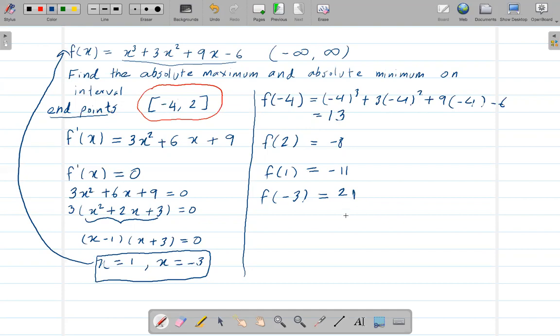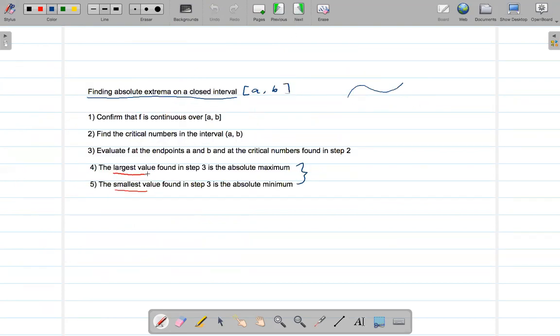Once you get the values of all of these, the largest value will be the absolute maximum, and the smallest value will be the absolute minimum.